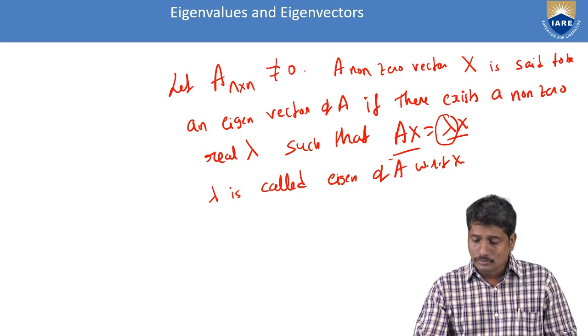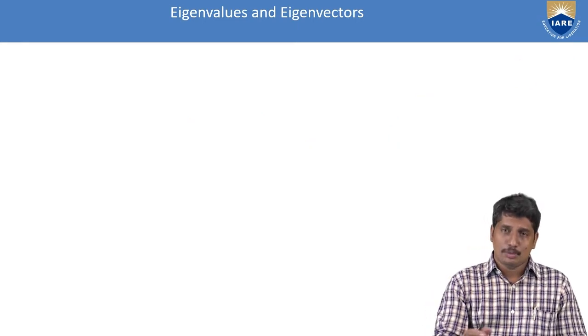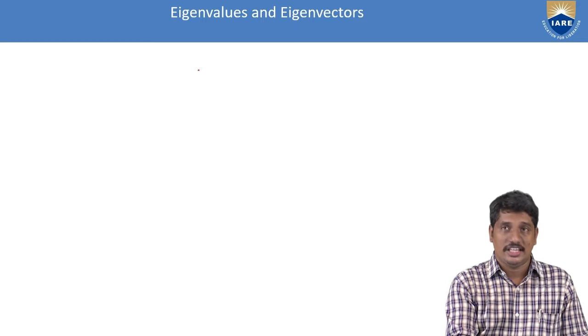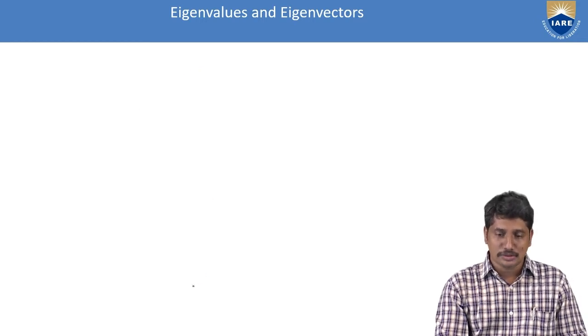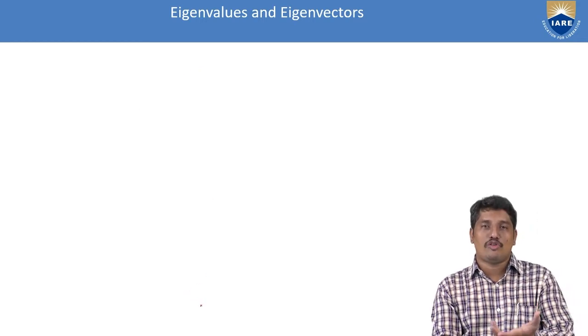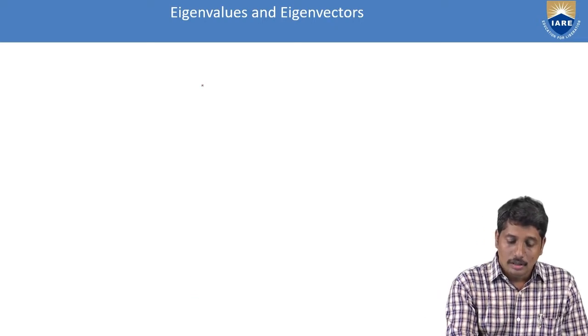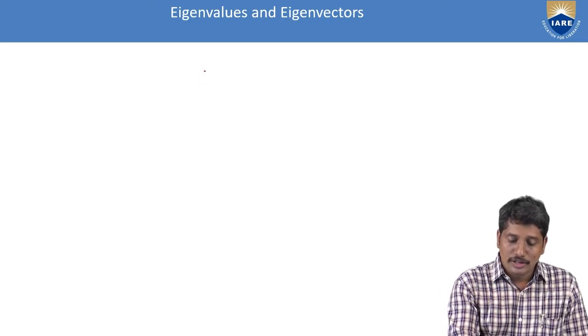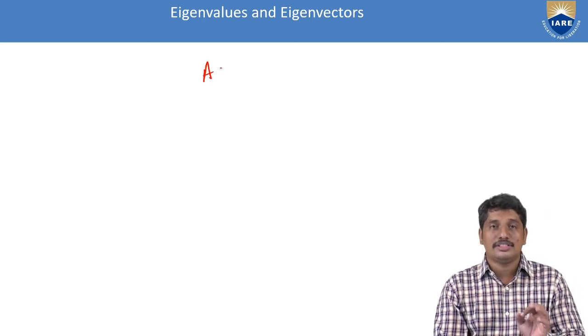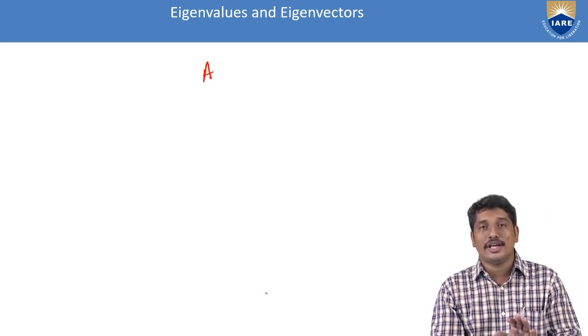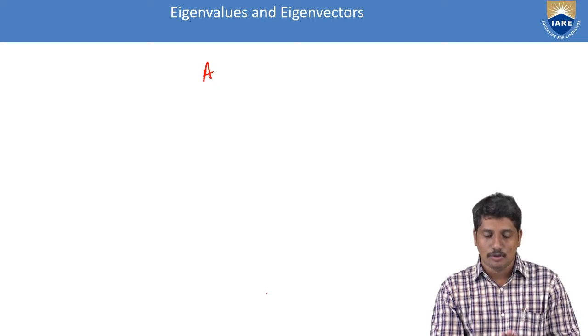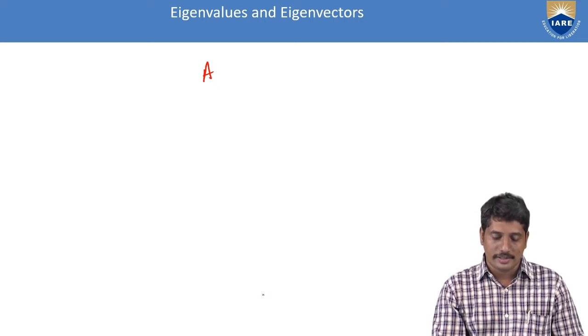We have a procedure to find eigenvalues and eigenvectors. I'll just mention the procedure, then we'll go to our concept, singular value decomposition of a matrix. We must note that eigenvalues and eigenvectors exist only for square matrices, not for rectangular matrices.